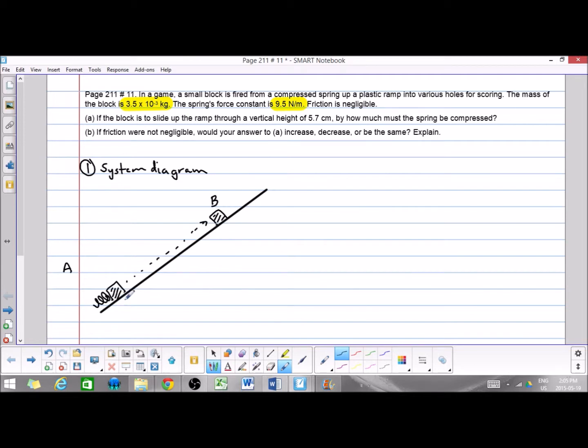As usual, we say that the lowest height in the question will be our h equals 0. So our starting point, h is 0. And we're told in the question that it's gone up the ramp a vertical distance of 5.7 centimeters, and we'll put that into meters.